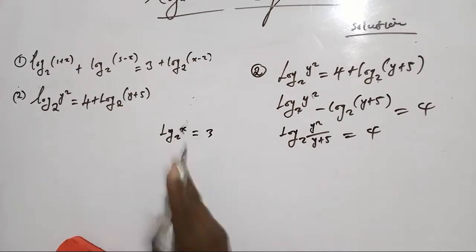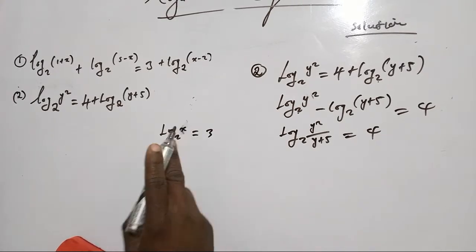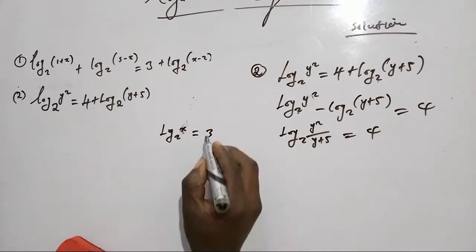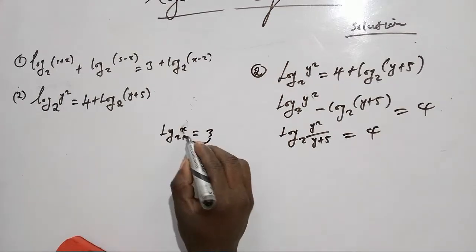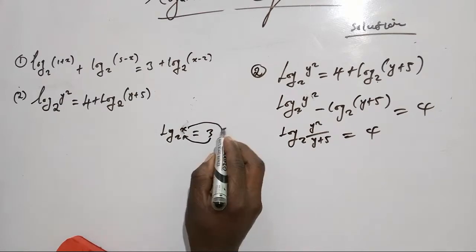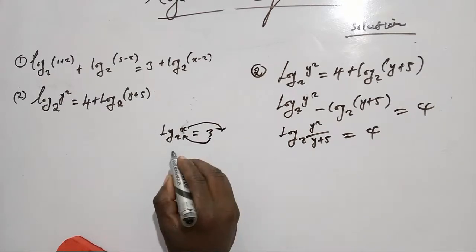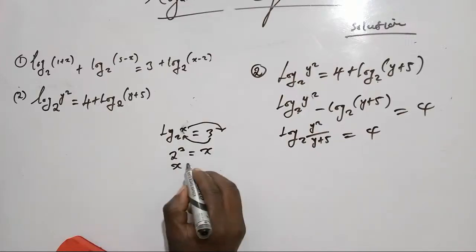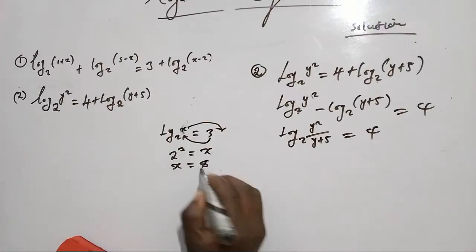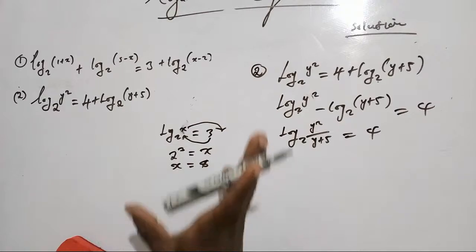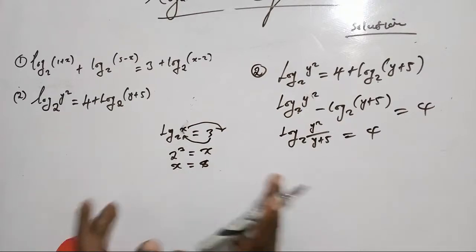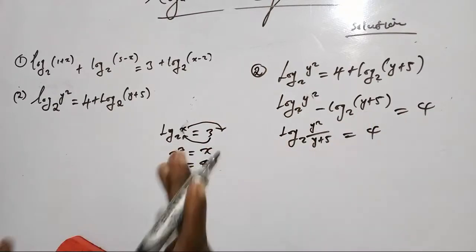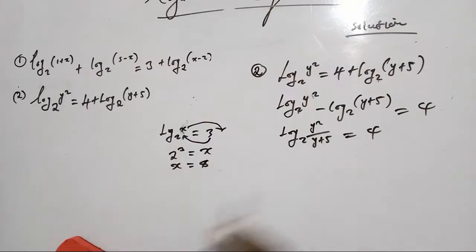So how do we take this logarithmic equation into an exponential equation? This 3 will become the power, then this x will be a base. So it will be 2 to the power 3 equals x, and x equals 2 to the power 3, which is 8. That's how you can find the value of y by changing a logarithmic equation into an exponential equation.